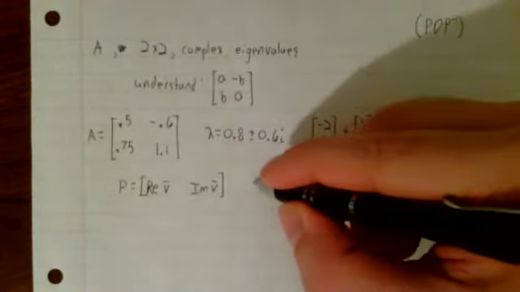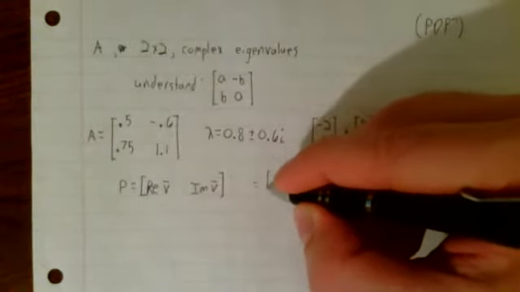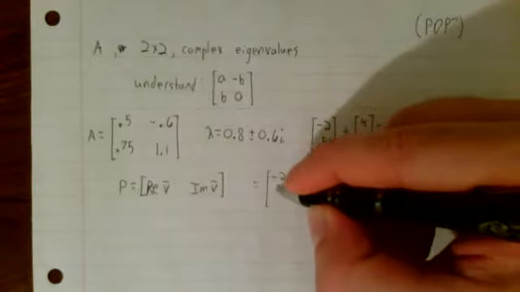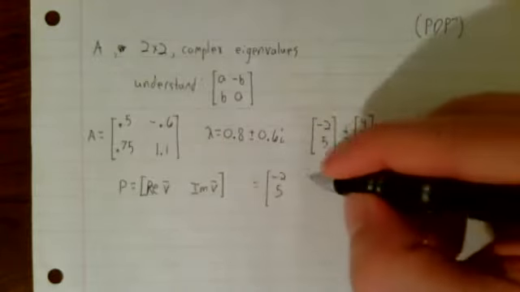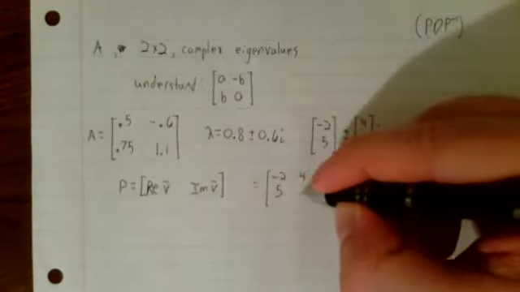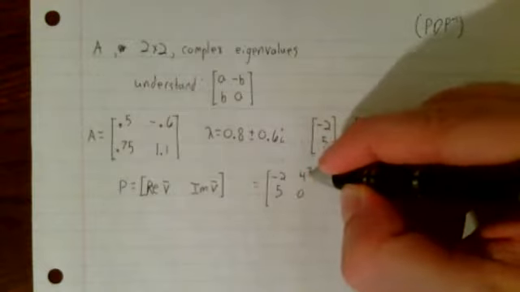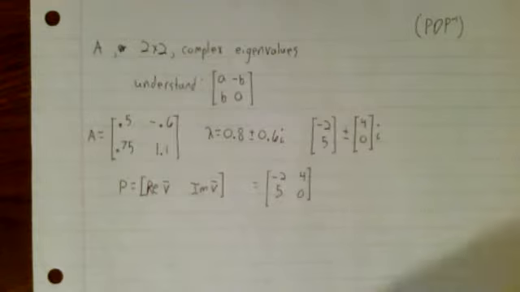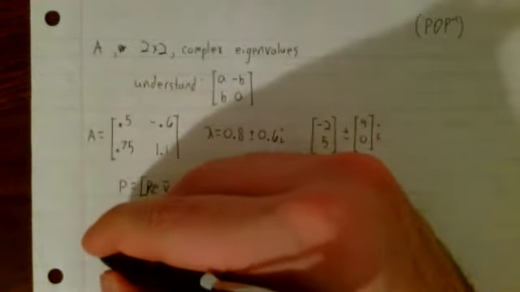In this particular case, our real part is this vector, and our imaginary part is that vector.